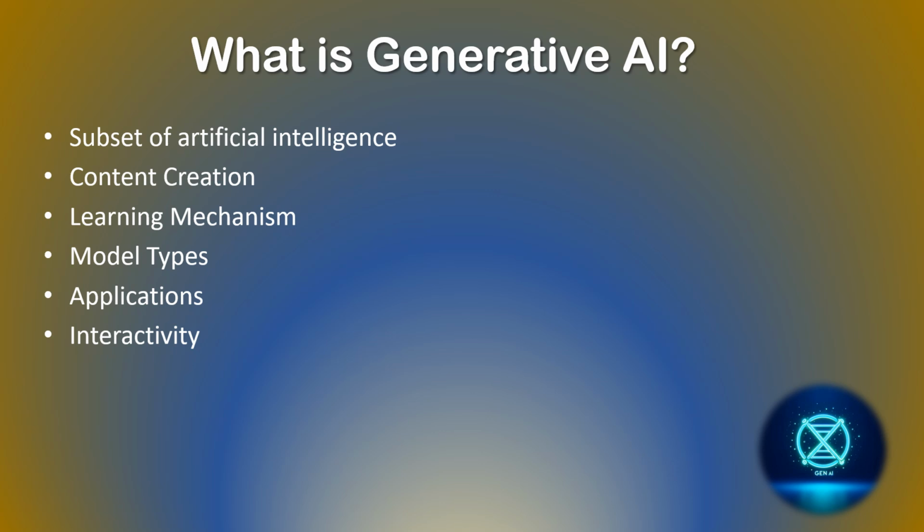Okay, then applications. This has actually been used in various industries over the past 1 year, including art, marketing, like for content creation, gaming, like asset generation, and more, enabling innovative solutions around generative AI.